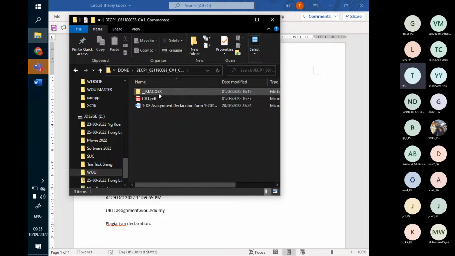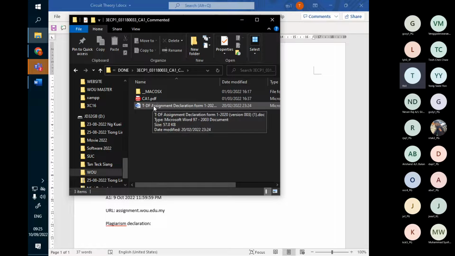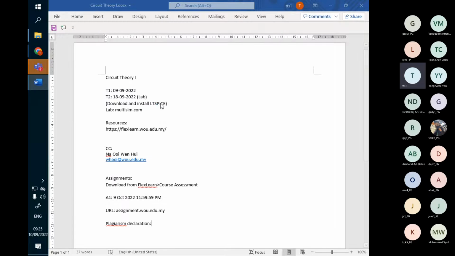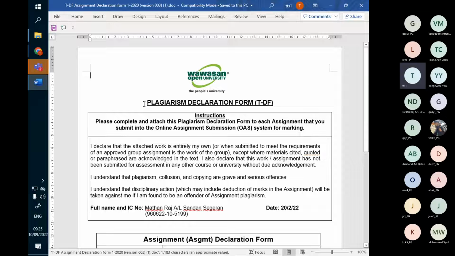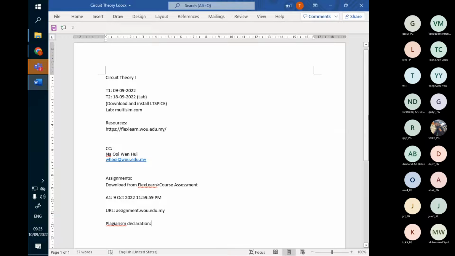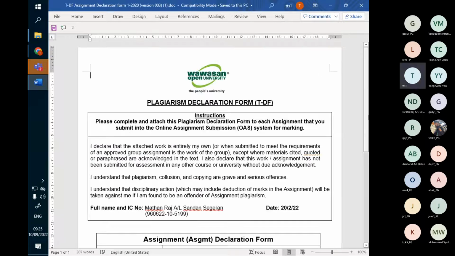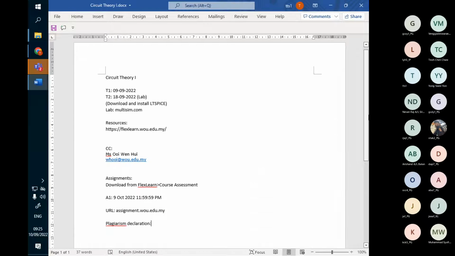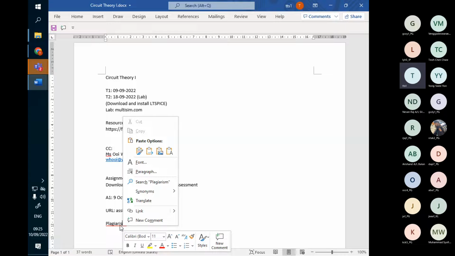Let me pick one of the assignments submitted by a student in the past. You see, they attach this plagiarism form here, but they spell it wrongly. Strange, huh? How come this became a typo?